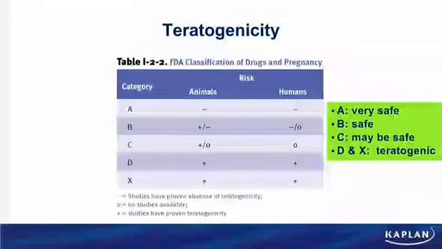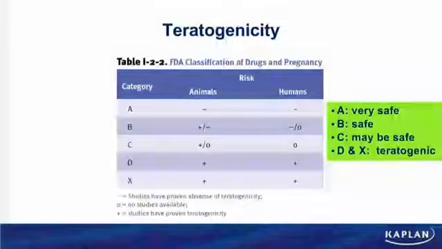Once you get down to category D or category X, those are teratogenic drugs. Those are drugs where we have human studies that show those drugs have caused harm to the fetus. But there is a difference in how category D and category X are viewed in terms of your patient. For example, a category D drug, you might decide to actually continue your pregnant patient on that category D drug only if the benefits of that drug to the patient outweigh the risks to the fetus.